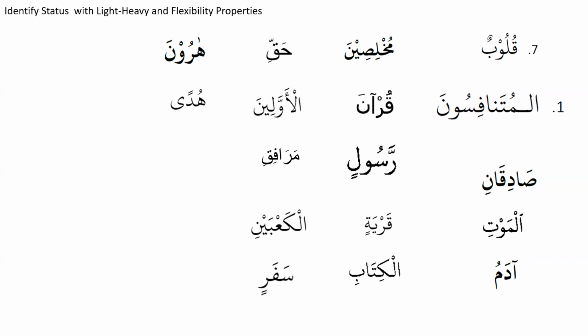Now, if you ask whether it's a heavy word or a light word, there's a debate. Some grammarians say that because of the tanween, they ignore the weak letter and say it's a heavy word, because by default it's heavy. But some people say no, partly flexible has to be light, and non-flexible doesn't always have to be light.